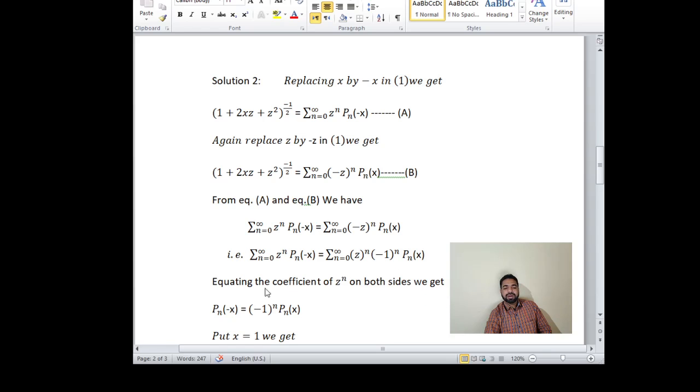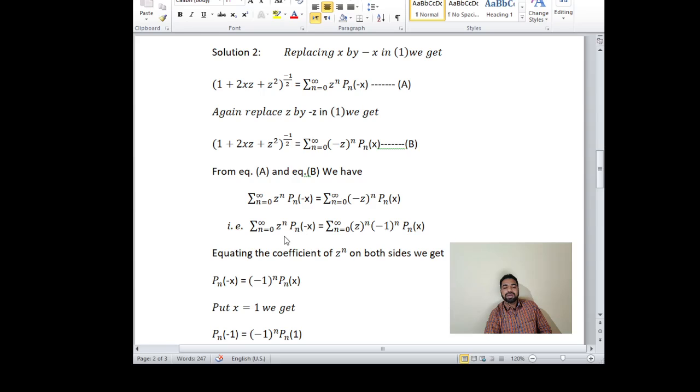Okay. Now equating the coefficient of z raised to n on both sides we get: the coefficient of z raised to n is Pn of minus x, equal to, now z raised to n is here, the coefficient is minus 1 raised to n Pn of x.